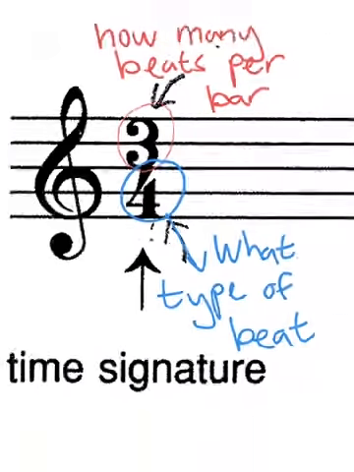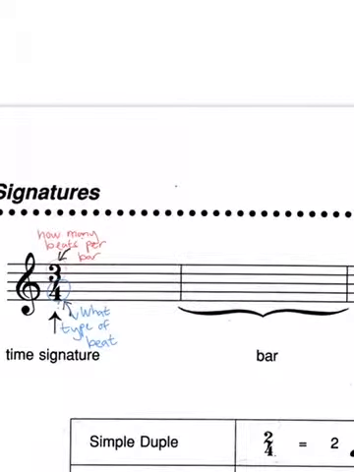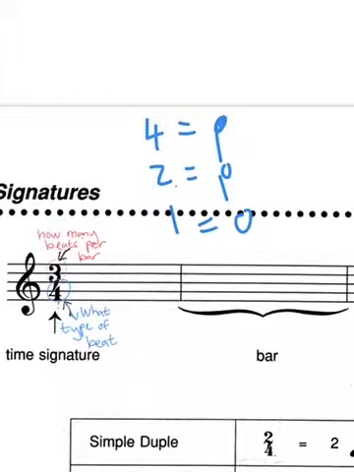Okay, so if one looks at it, we actually have a little code language going here where 4 equals a crotchet, 2 equals a minim, and 1 equals a semi-breve.